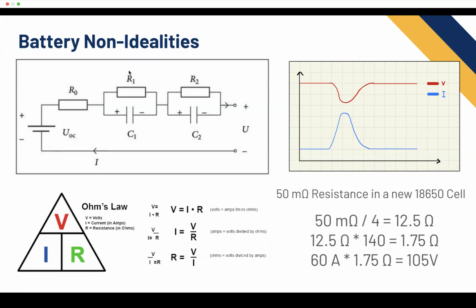But battery non-idealities. Typically, when you simulate a battery, it's not just an ideal voltage source. People typically use the 4RC model if you want to be super precise. So you would have this R0, and then you would have 2 more of these RC blocks in series.